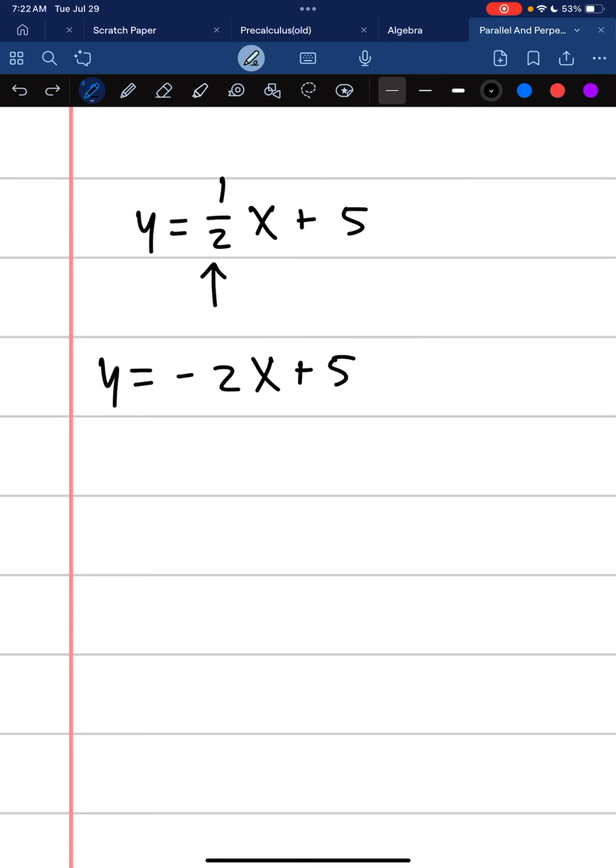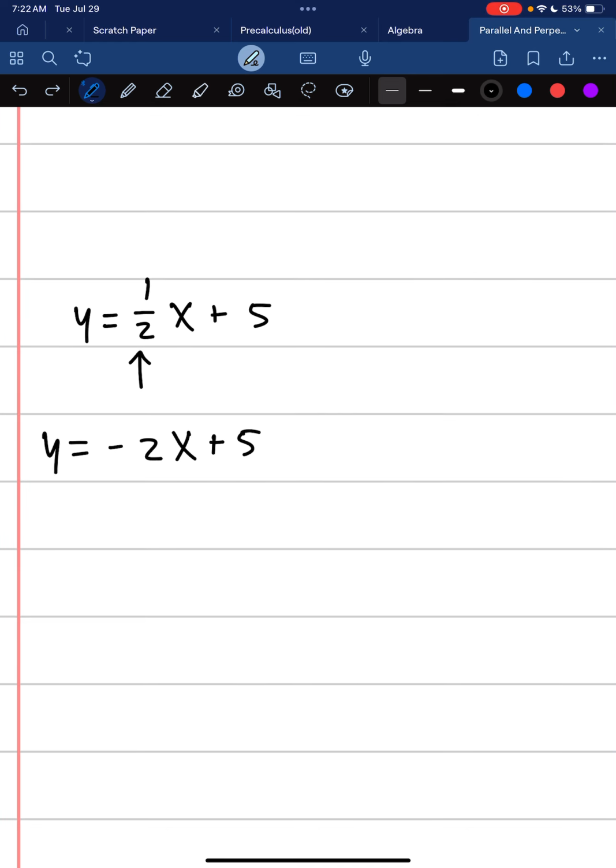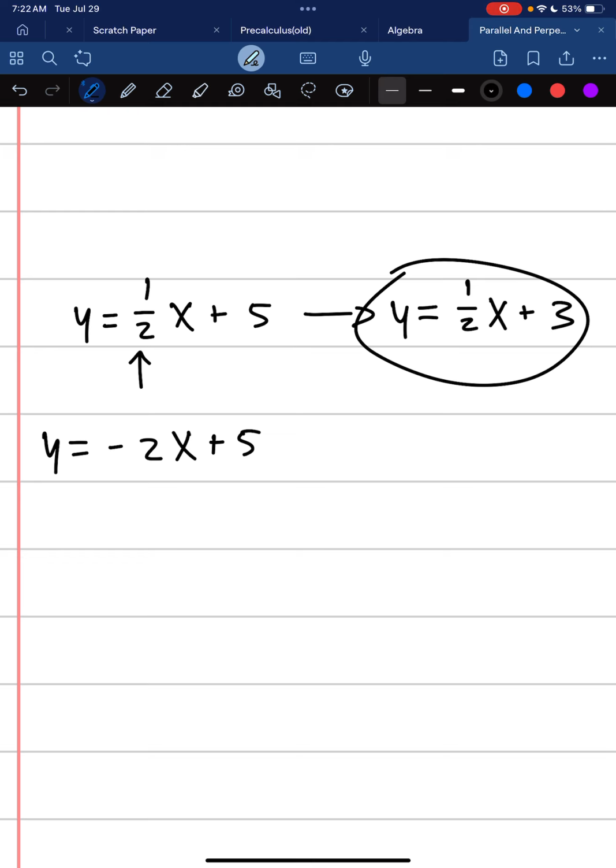Now let's talk about the equation of the line parallel to this one. I'm just going to have the exact same slope of 1/2, but I can change my y-intercept to anything except for 5. So I can do 1/2 x plus 3. That's fine, or any other y-intercept that's not 5. I can say that this is the equation of the line parallel to this one.